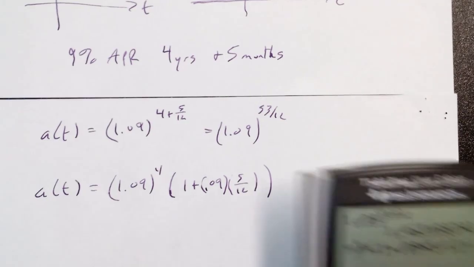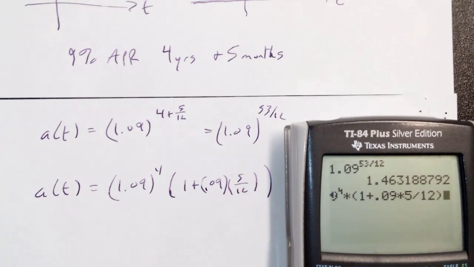So when I type this in exactly like that, 1.09 to the fourth, then multiply by 1 plus 0.09 times 5/12, I earn a little bit more. The difference is in the third decimal place, right? It's not a huge difference. From looking at hundreds of dollars, we're talking about pennies.